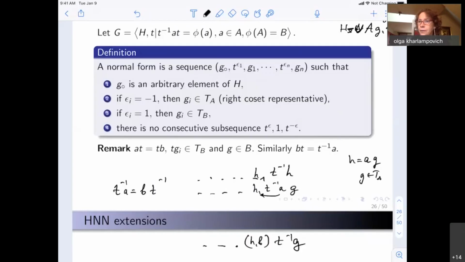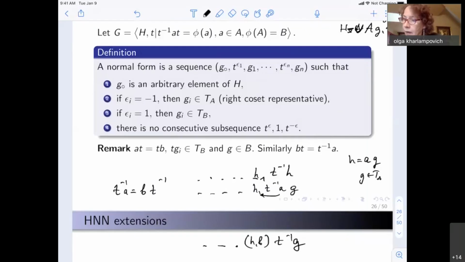If you have a non-trivial normal form of the word and it's not empty, then the word cannot be equal to 1. This follows from the uniqueness of normal forms. So a lot of HNN constructions were used by Novikov and by Boone, and in other classical theorems in the 50s.